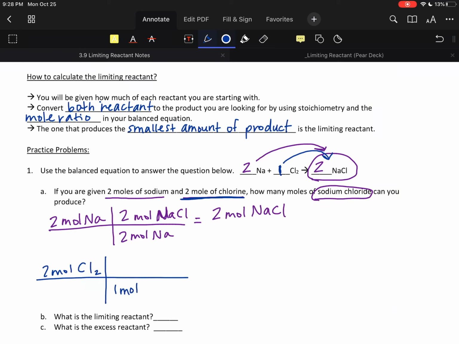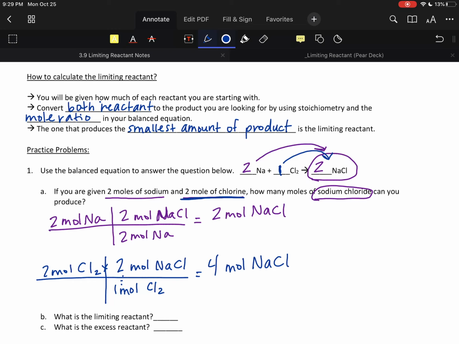Forgot my 2 there. So for every 1 mole of chlorine, there's 2 moles of sodium chloride. Type this in my calculator: 2 times 2 times 2 divided by 1. I get 4 moles of sodium chloride.